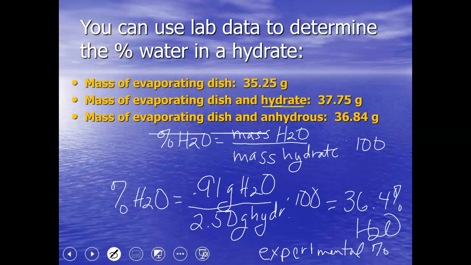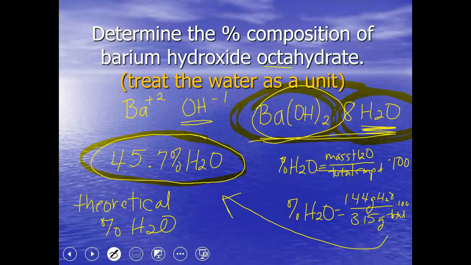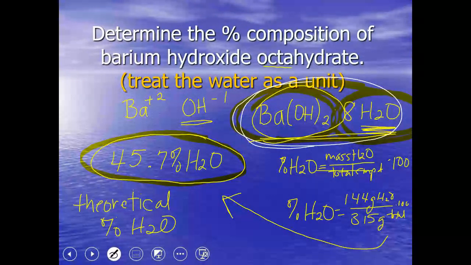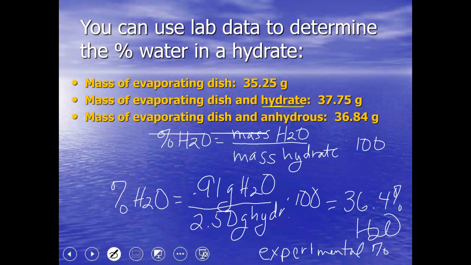And what you can do is now take this result and you can compare it to some formulas. Like, for example, what if I compared it to this barium hydroxide? 36% doesn't match 45%. So the barium hydroxide octahydrate is not my hydrate in this lab.